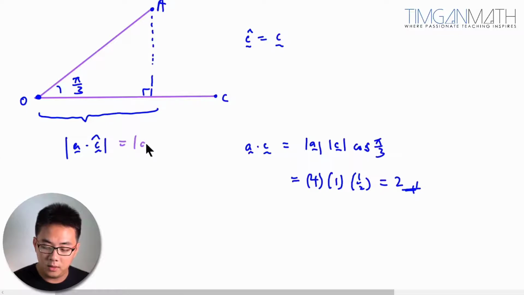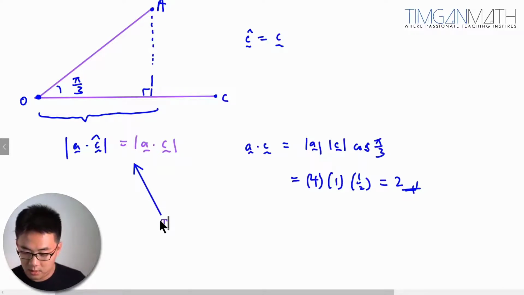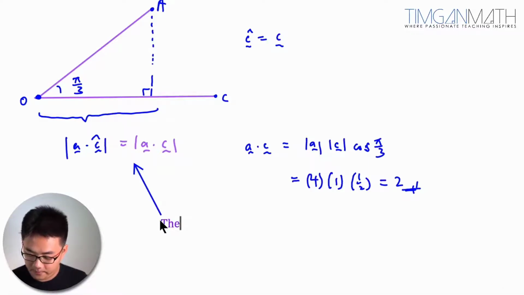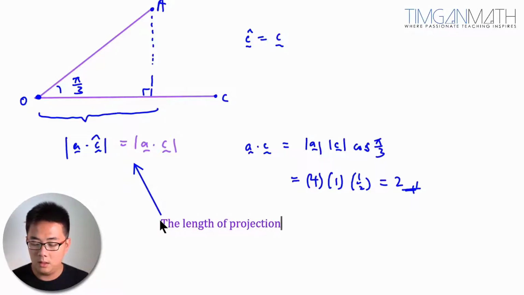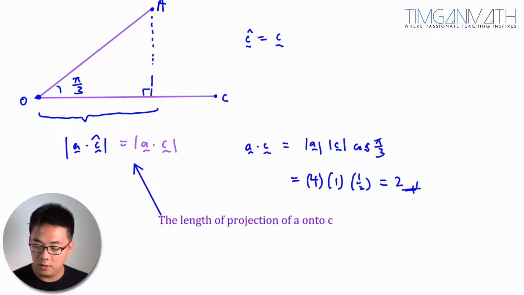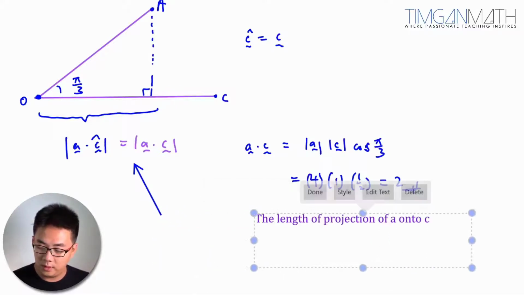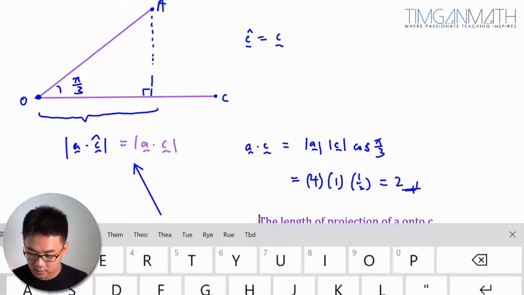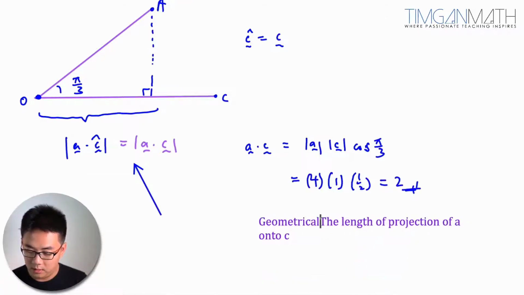This is the geometrical interpretation, which just means that this is the length of projection of A onto C. That's the geometrical interpretation that you get.